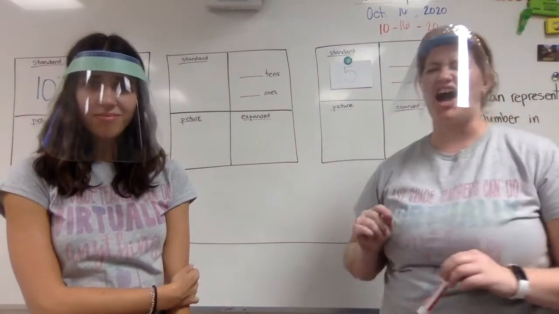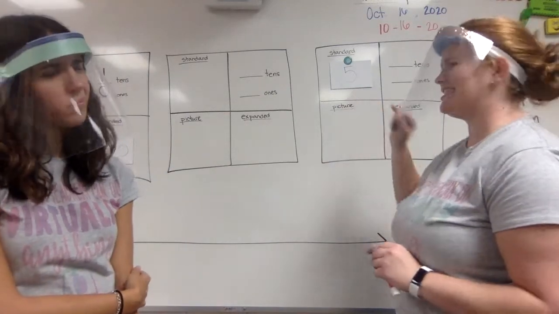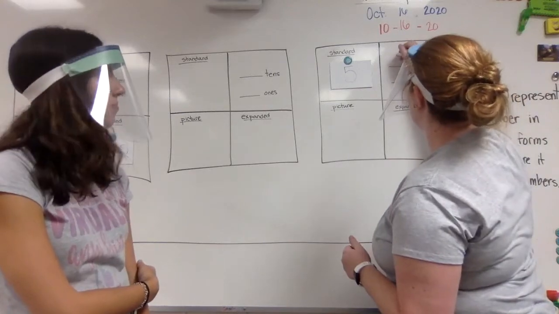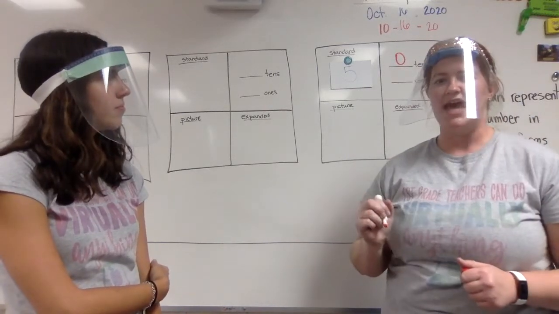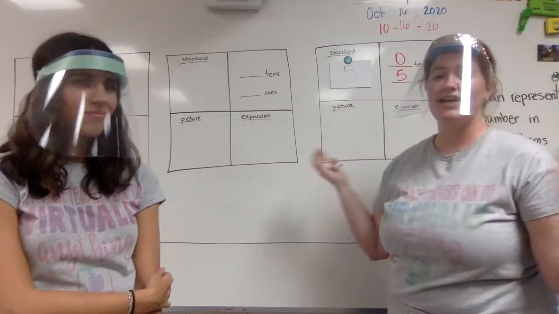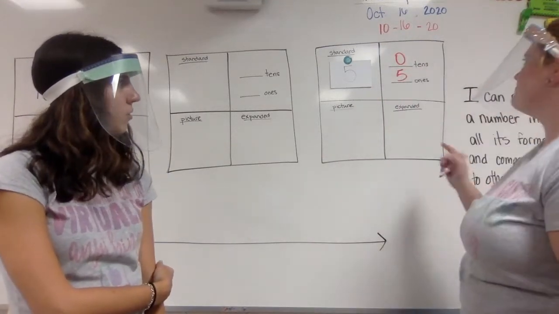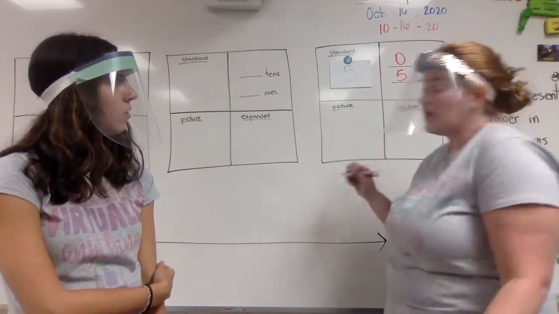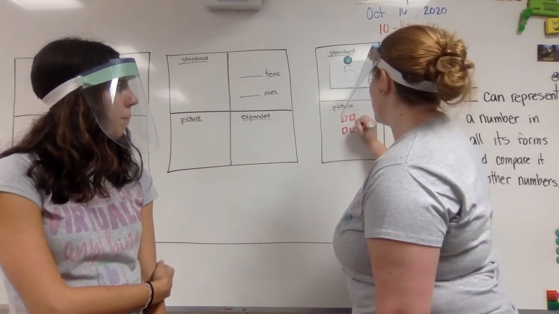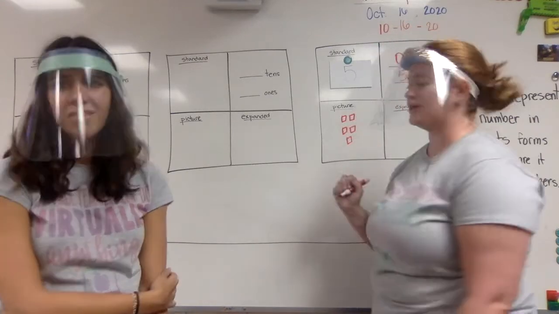Now, I have 5, and that's only 1 digit, so I don't have any 10s. I'm going to put 0. I have 0 tens, and I have 5 ones because I have a 5 in the ones place. 0 tens, 5 ones. I only need to draw 5 ones. I'm not going to draw any tens because I have 0.